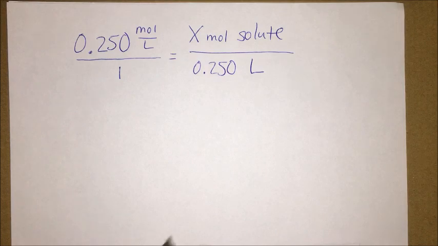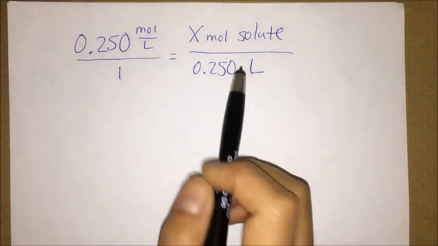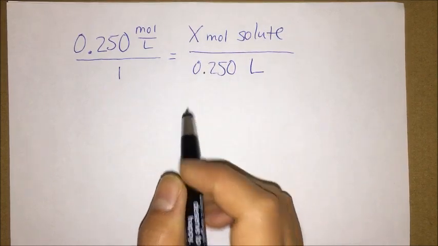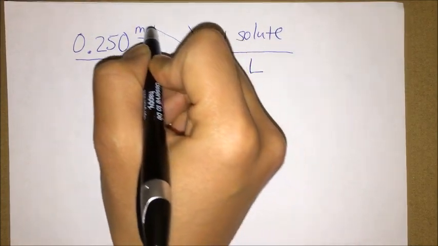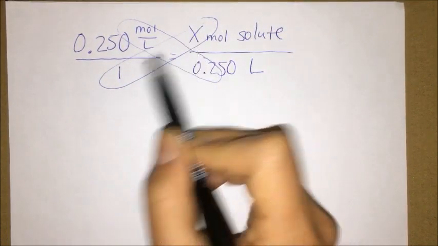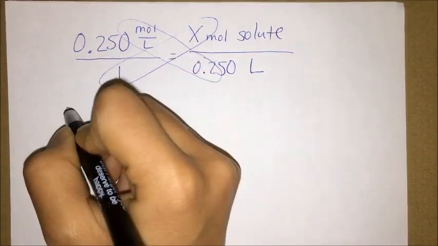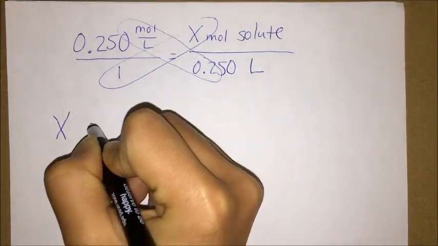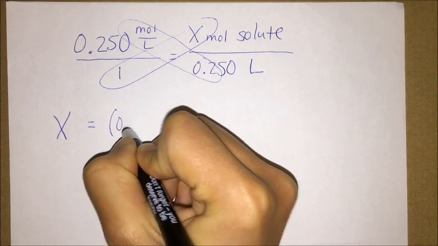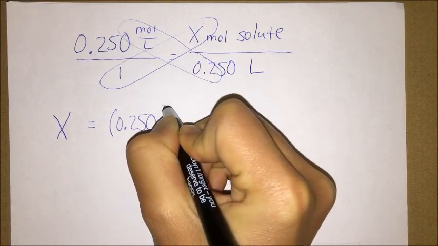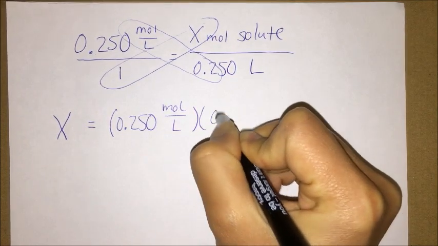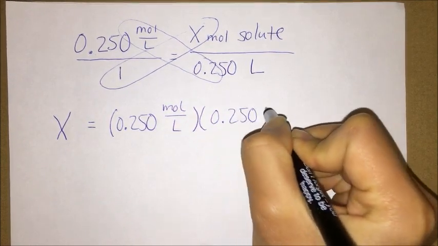So I went ahead and rewrote it on a separate sheet of paper. So again, this is your setup to solve for how many moles of your solute. You're going to cross multiply. So you'll get 1 times X is equal to X. You have 0.25 moles over liters times 0.250 liters.